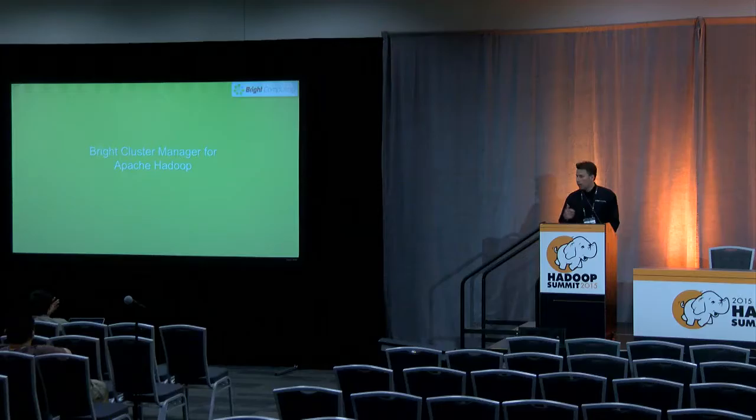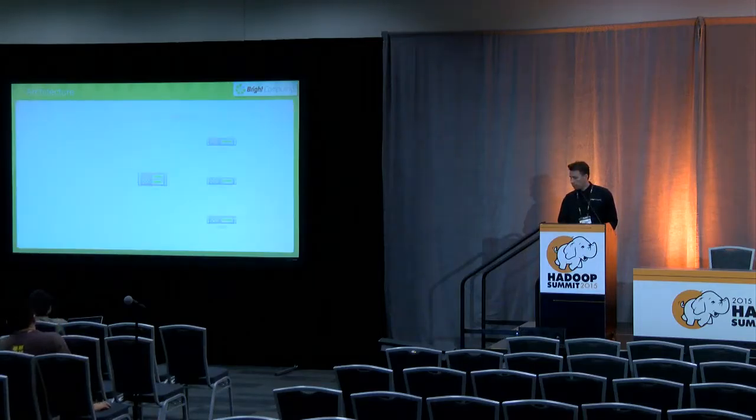Okay, now with this architecture in mind, let me talk about our implementation of this architecture in a tool called Bright Cluster Manager for Apache Hadoop. So it's just a more elaborated architecture picture.